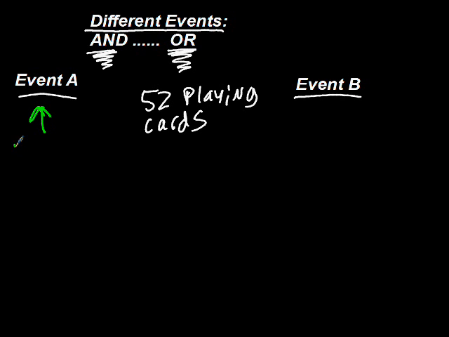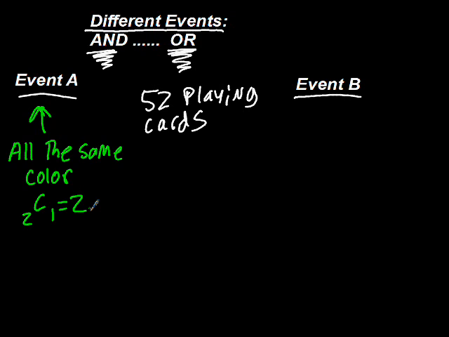Event A will be that I want all the same color card. We have black or red, so that means there are 2 choices, black or red. Choose 1, which ends up equaling 2. Let's say event B is choosing 5 cards. Because we only have 1 color, out of the 52, that's half of them.